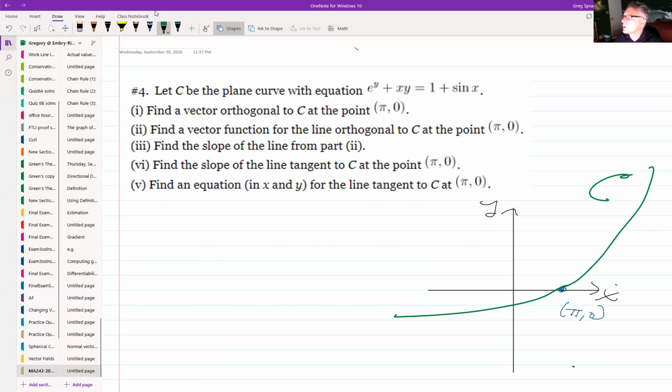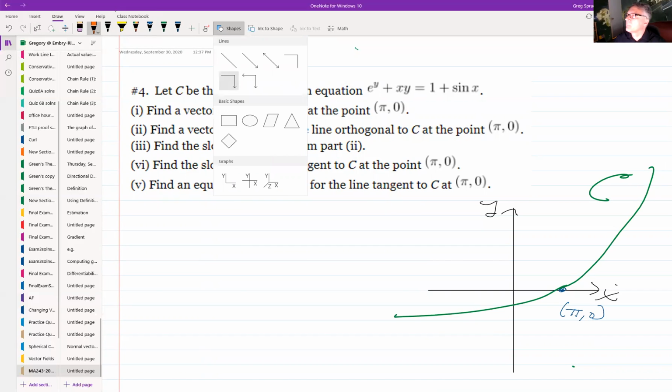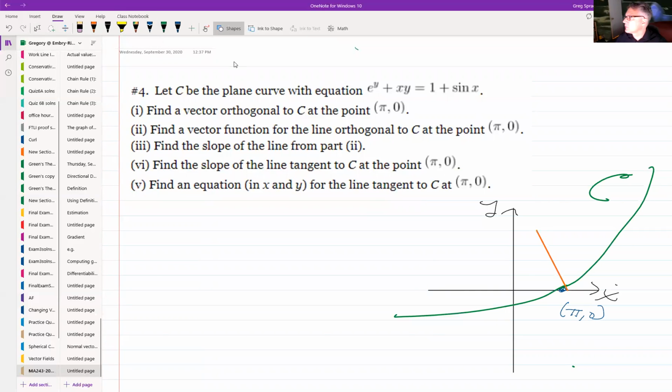Now the first part is to find a vector that's orthogonal to C at the point. That might look something like that. Call that v.